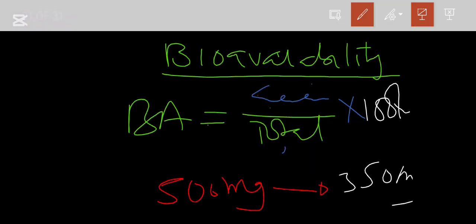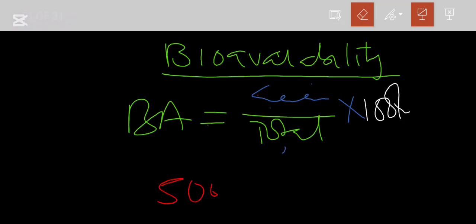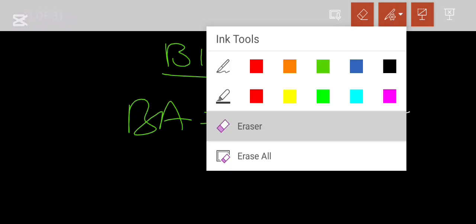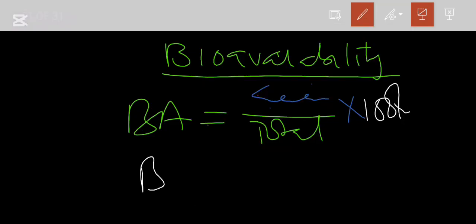So we are going to do a simple calculation. BA is equal to what reached the bloodstream over the total.